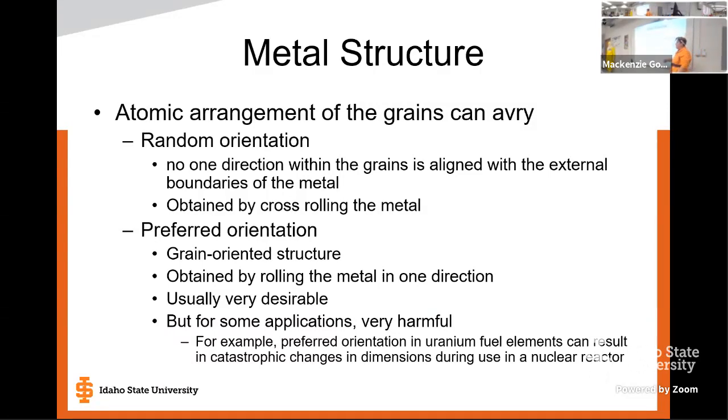And if it's going to expand all in one direction because of the preferred orientation, it's going to essentially grow out of its cladding, bust open its containment, and enter the coolant, right? It's not going to be contained inside its cladding, inside its fuel elements anymore, or fuel funnel. So most of the time, most applications are seeking a preferred orientation, but be aware there's going to be certain instances where the properties of that preferred orientation grain structure are undesirable.